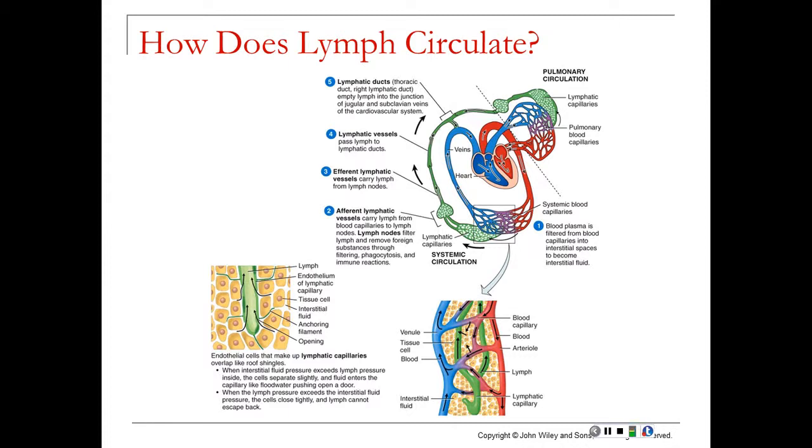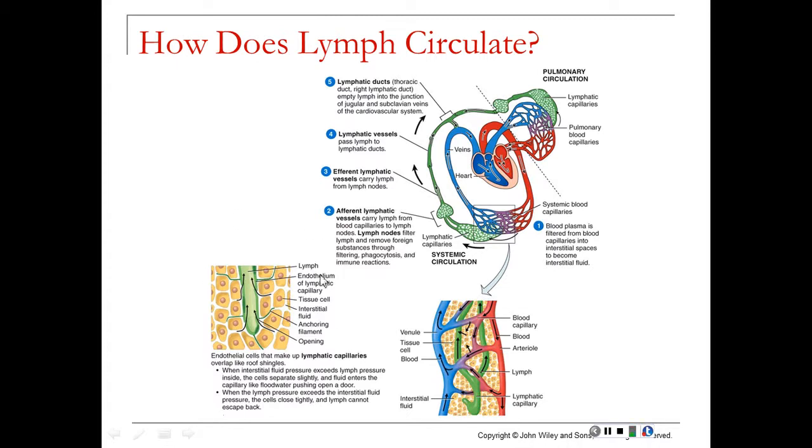They're going to empty into the subclavian and brachiocephalic veins and ultimately dump back into the systemic circulation within the right atria. Then that blood gets circulated around through our systemic circuit, interstitial fluid forms, gets sucked up by the lymph, so on and so forth.